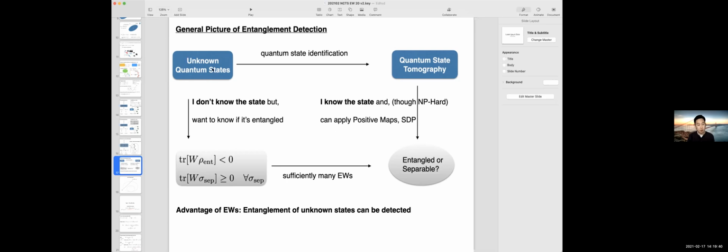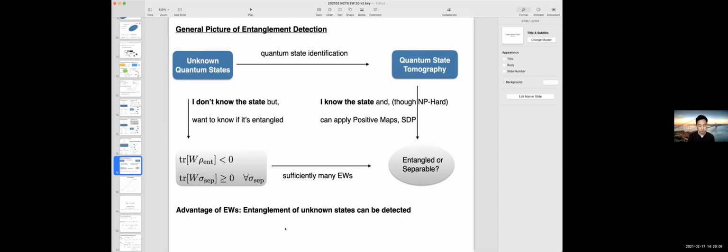Or we don't want to know the state, but we just want to know if the state is entangled or separable. Then the most feasible way is to implement an entanglement witness, which is just an observable, and from there we conclude the state is entangled. Then yeah, we get the answer here.